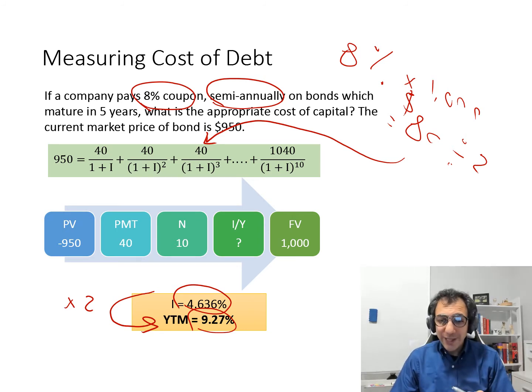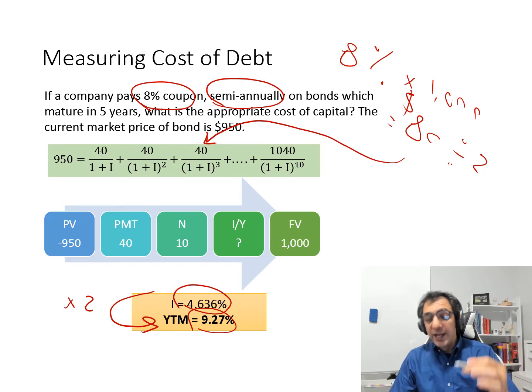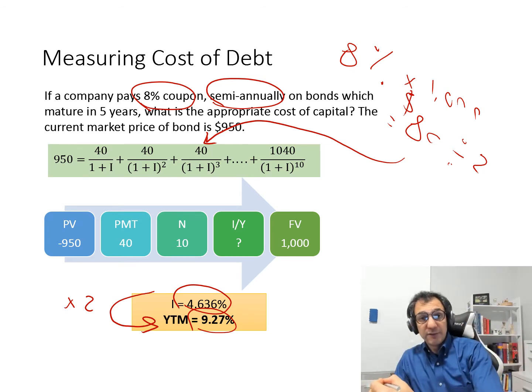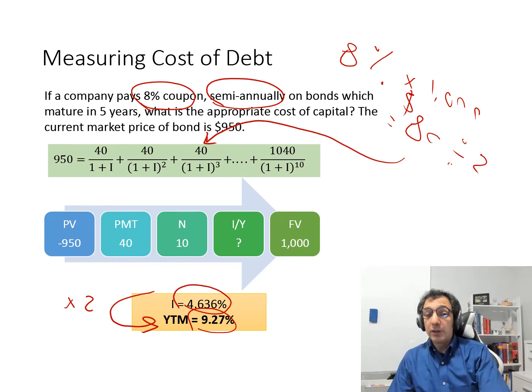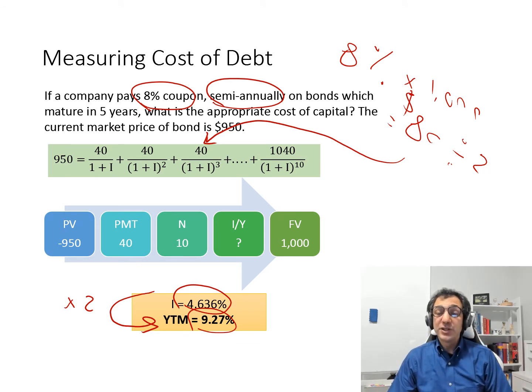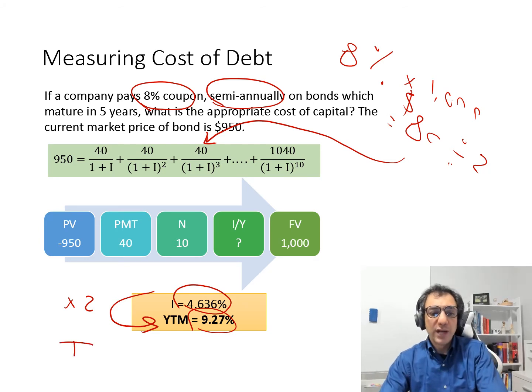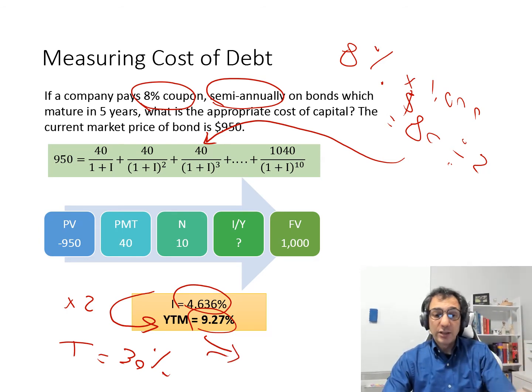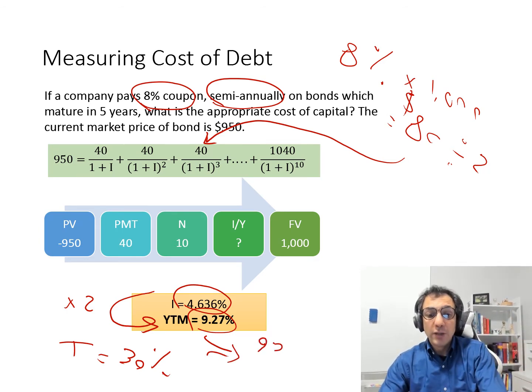You have to be careful again. If the question asks you to calculate the after-tax cost of debt, you have to multiply this 9.27% by 1 minus t. For example, let's assume your tax rate in this case is 30%. So if I'm asked to calculate the after-tax cost of debt, you have to multiply 9.27% by 70%.